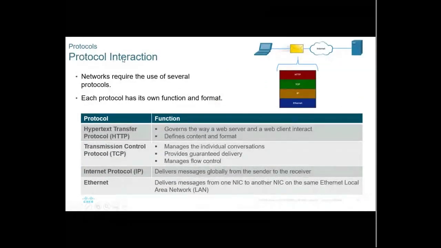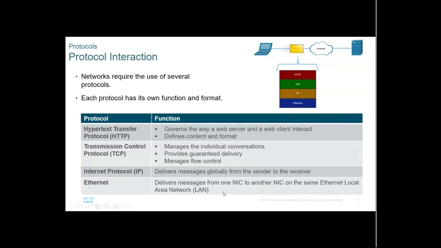Okay, protocol interactions. If we look at this, these are the layers. In networking or communication, there are different protocol layers. There's Ethernet right at the bottom. This delivers messages from one NIC to another NIC, and we use what's called a physical address or MAC address.